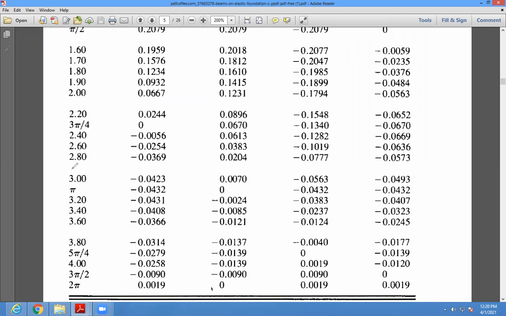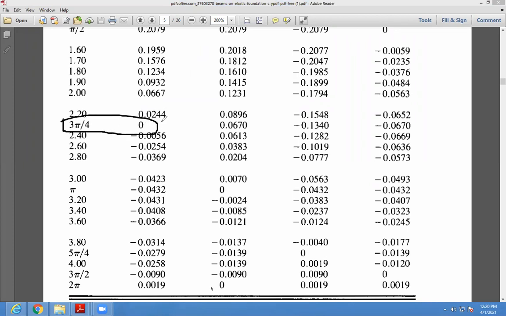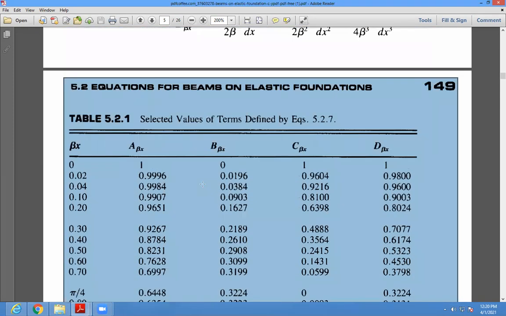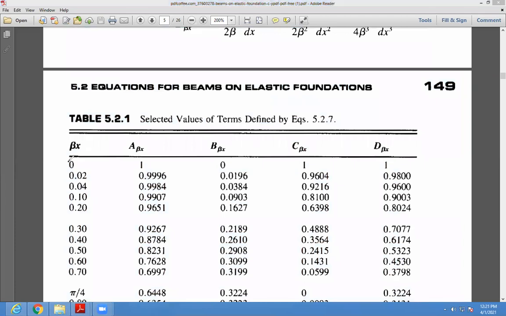Okay, you can see here at 3 pi by 4, a beta x equal to 0, and at beta x equal to 0, a beta x equal to 1, right?